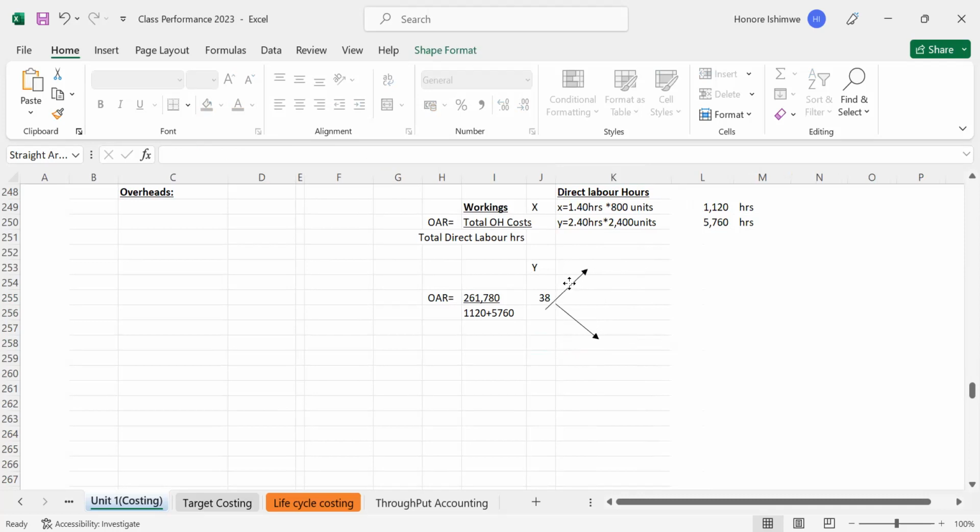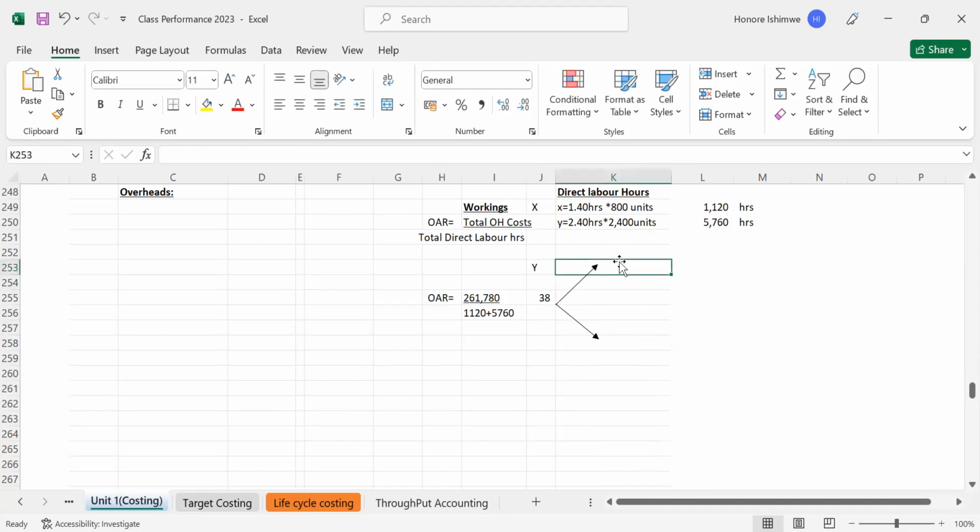For X and Y, it has to be this one. This 38, I'm going to allocate for X, and see the overhead cost, and for Y, and I have to see their overhead costs. Are we together?